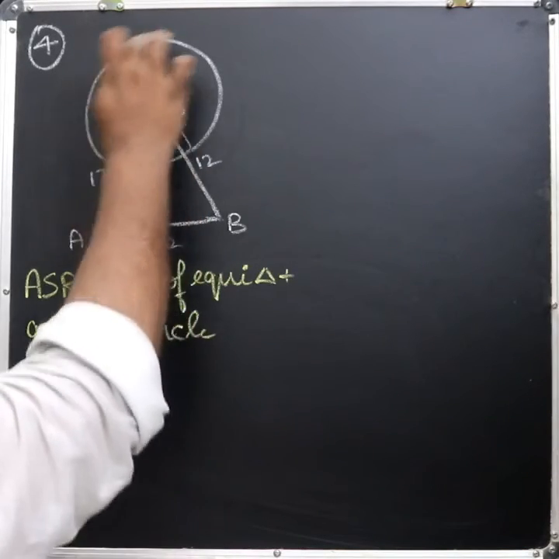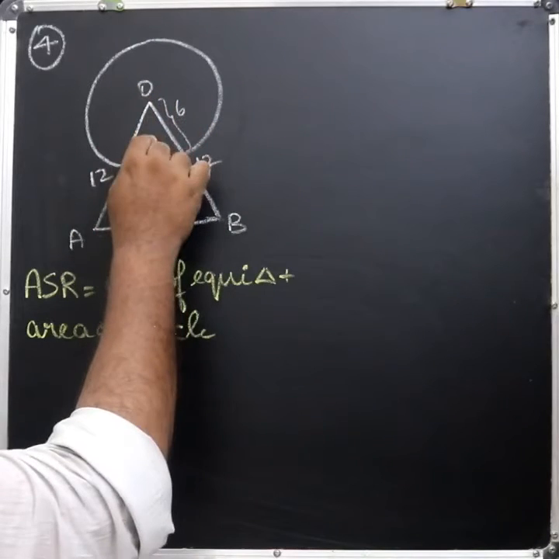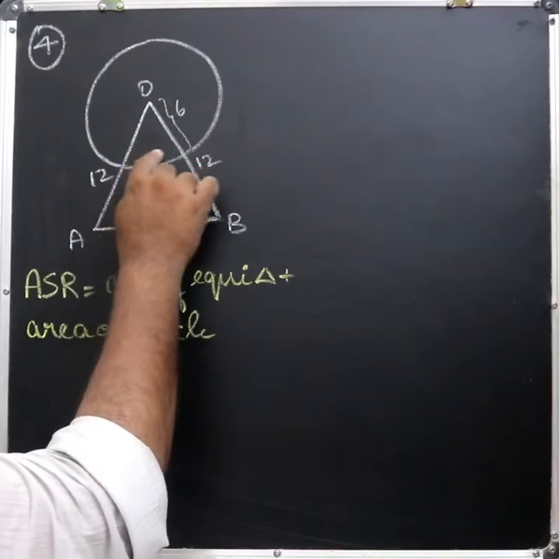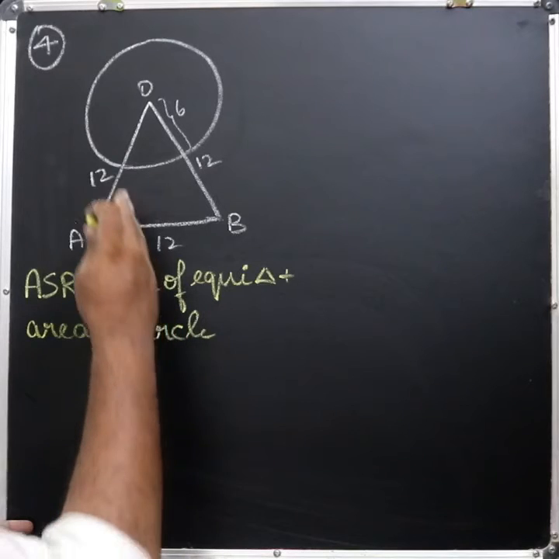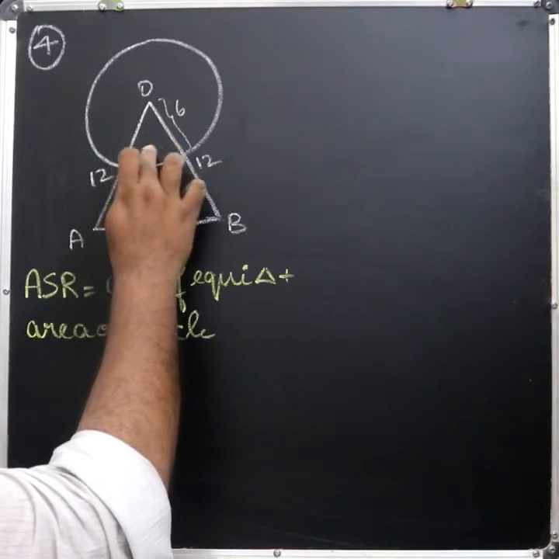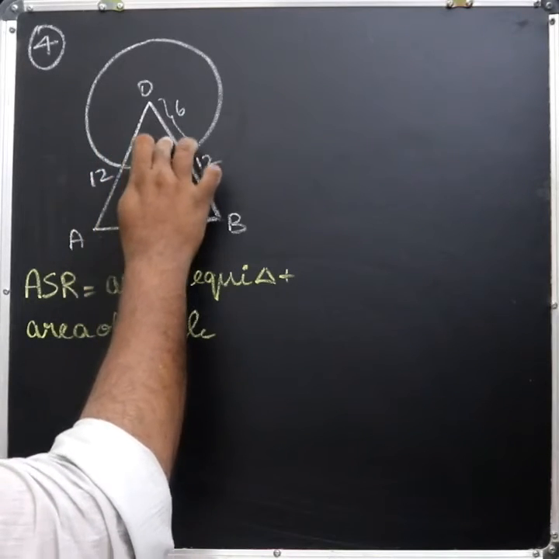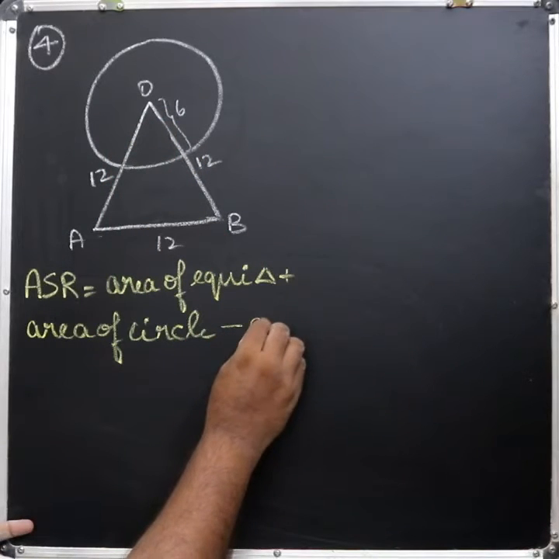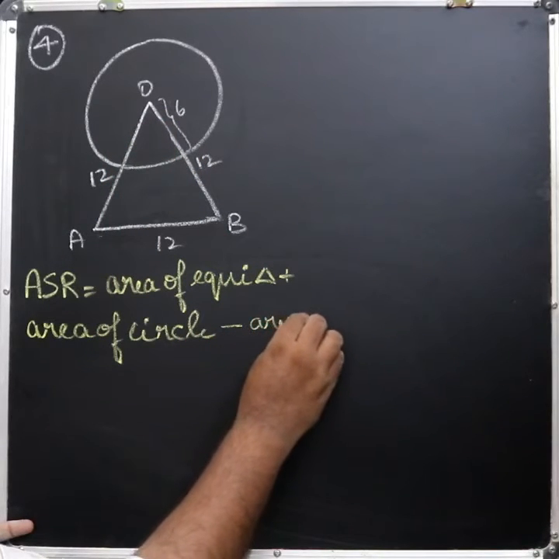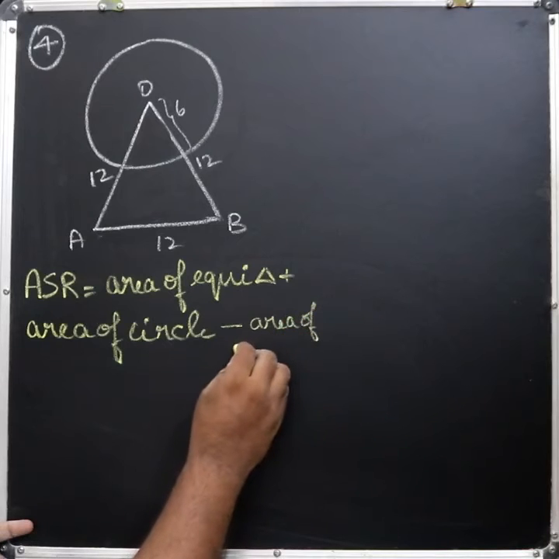So when you take this area and this area, you can see that this area alone is getting repeated 2 times. Since it is getting repeated 2 times, we have to subtract 1 time. This is nothing but it is in the shape of a sector. So you can subtract the area of the sector.